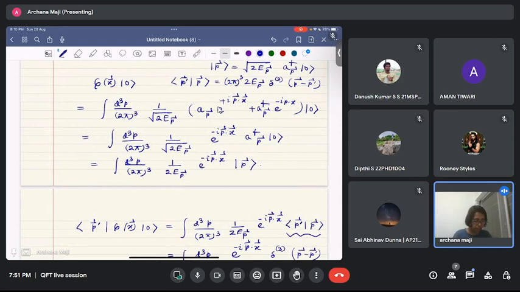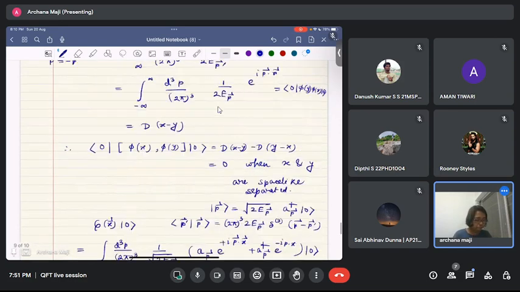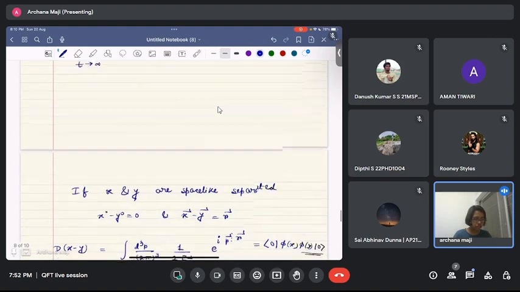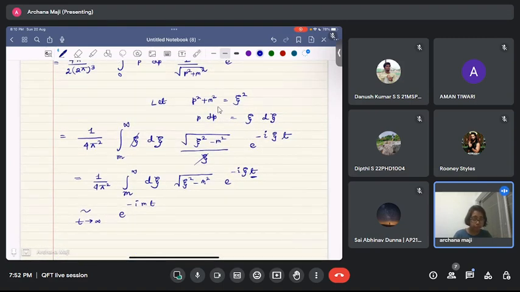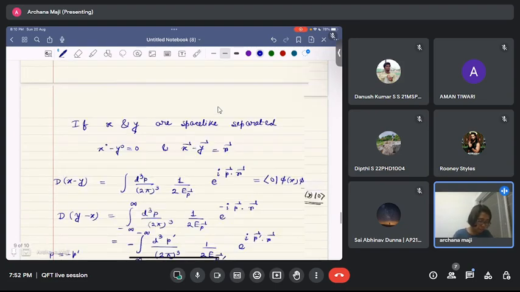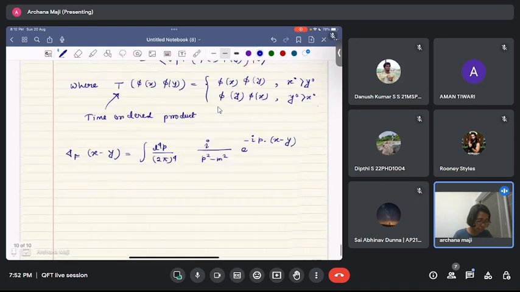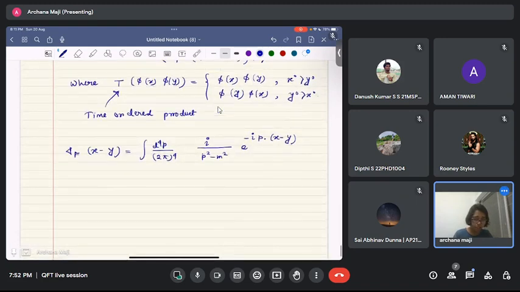The exponential was exponential i p dot x, but that p0 was fixed to E_p coming from the dispersion relation. But now for this Feynman propagator, for the first time we are writing d4p, where p0 is also an integration variable, not fixed to E_p or something.